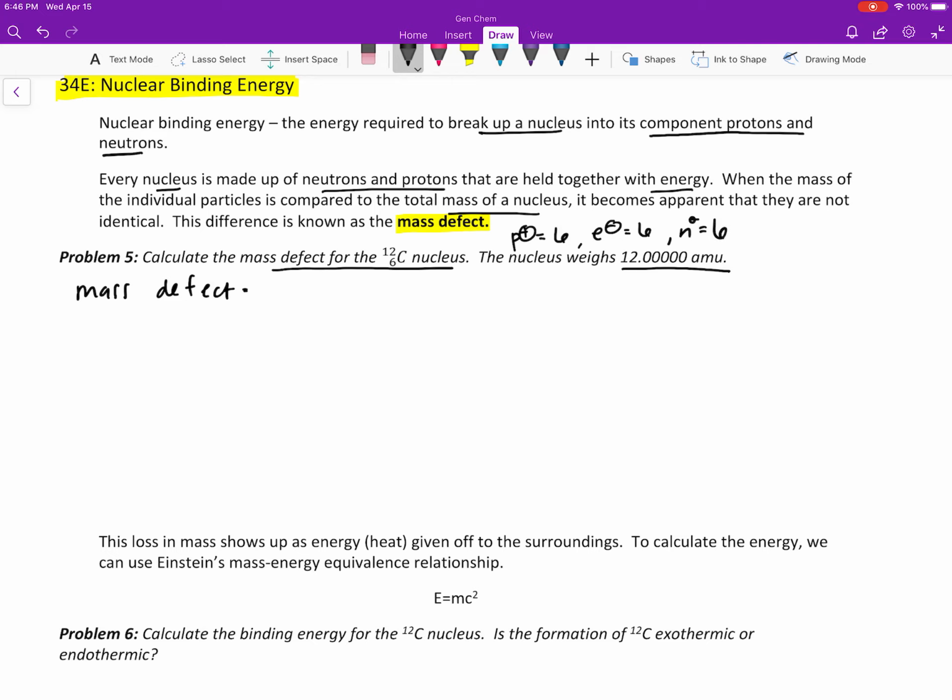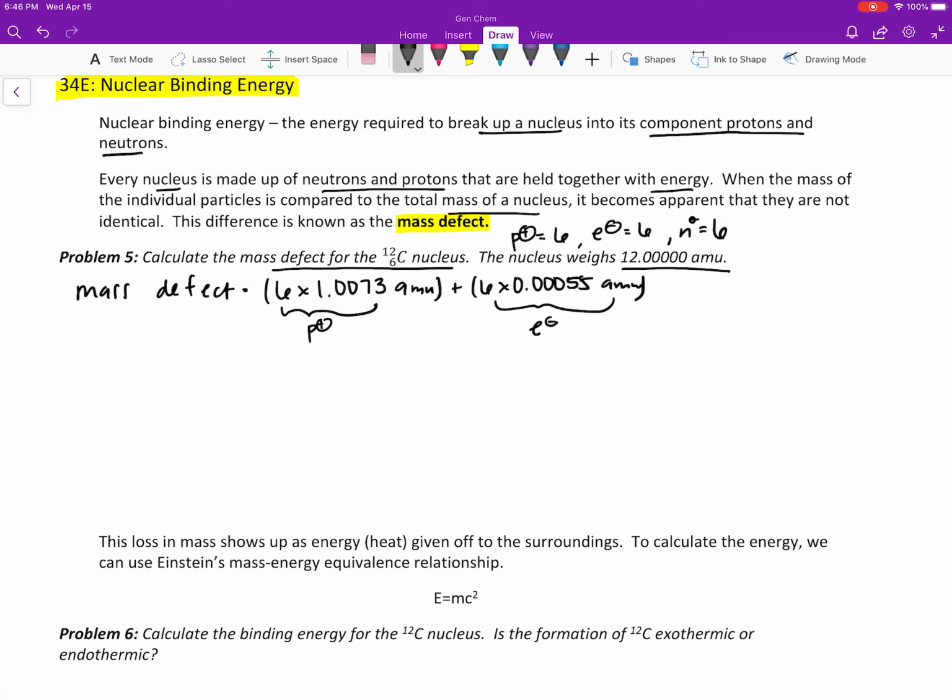All right, so let's calculate this. I have 6 protons. Each proton weighs 1.0073 AMU. Now I'm going to add to that 6 times 0.00055 AMU for the electrons.